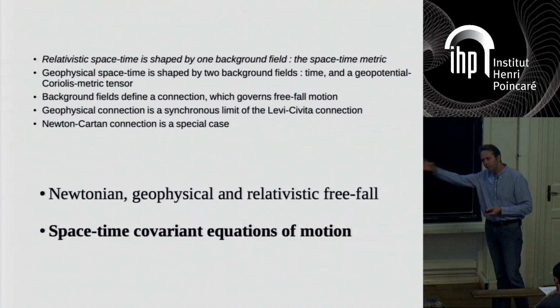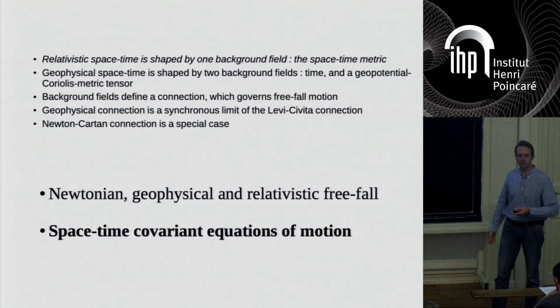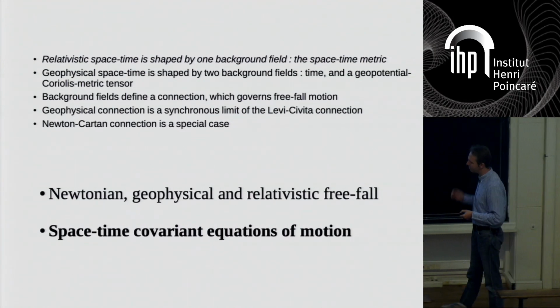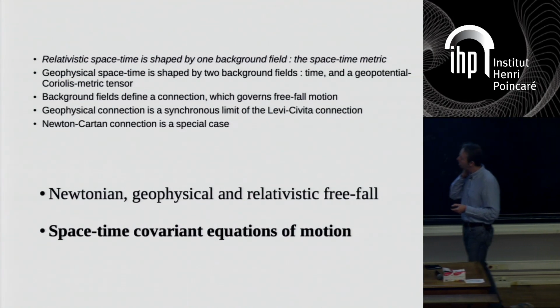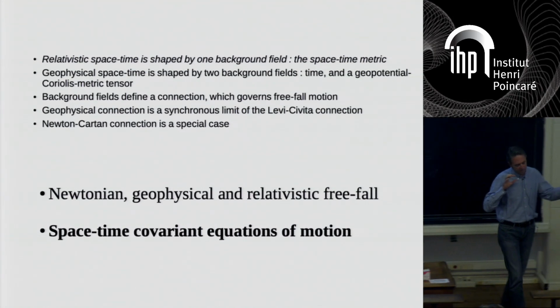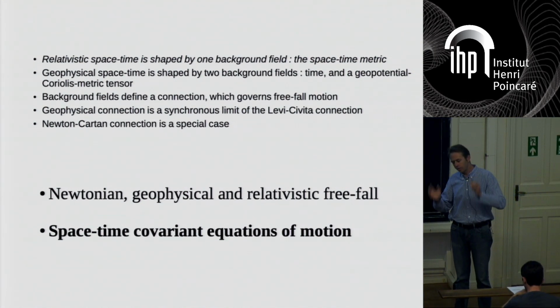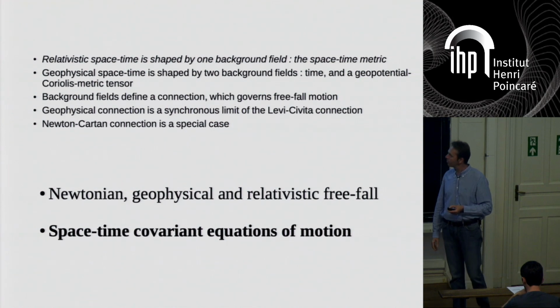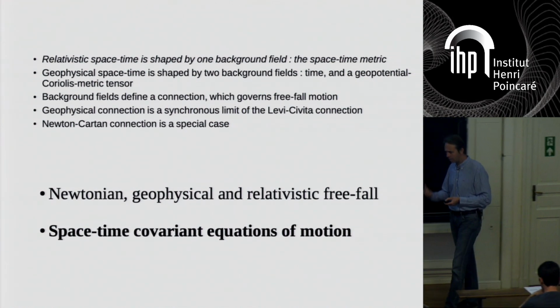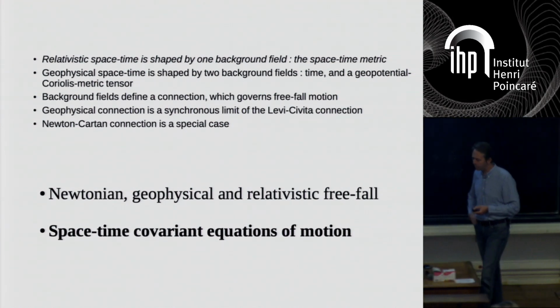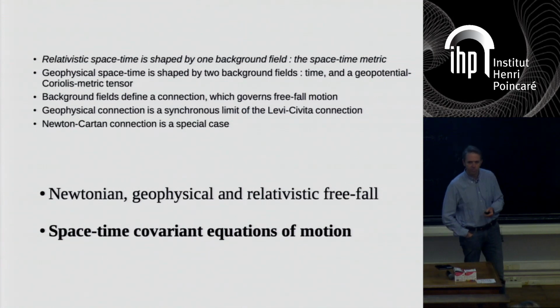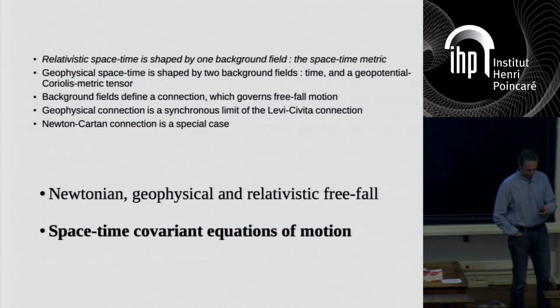And Newton-Cartan is a special case of the geophysical case. Okay, so now we have a good understanding of how things are placed between purely Newtonian, geophysical, and relativistic in terms of free fall. And now is the moment to put pressure back and internal energy and so on to talk again about fluids.